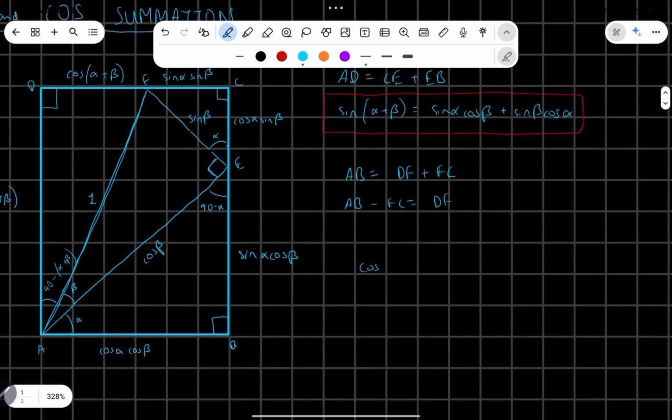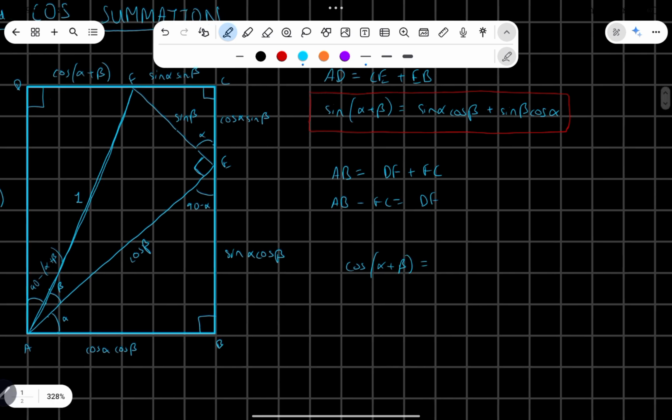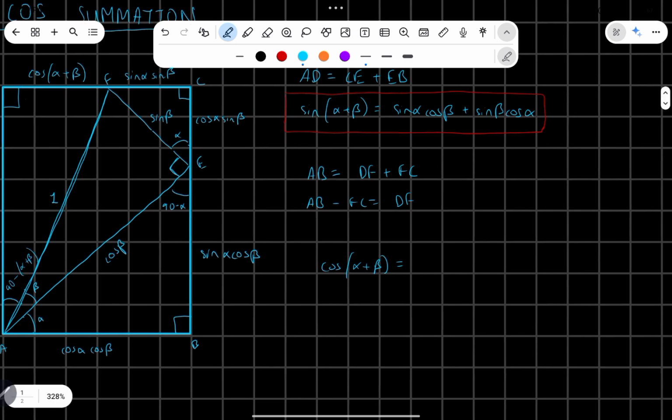That's cos alpha plus beta, which is DF, is equal to cos alpha cos beta minus sine alpha sine beta, and that is our cos summation.